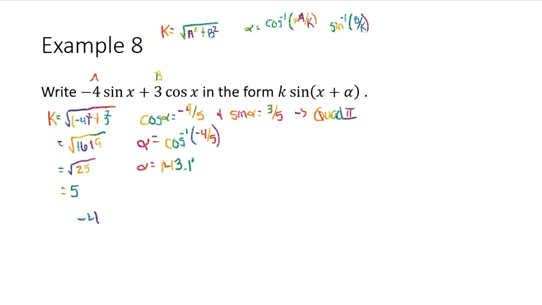That means that -4 times the sine of x plus 3 times the cosine of x can be written as 5 times the sine of x plus 143.1. And there is our solution.